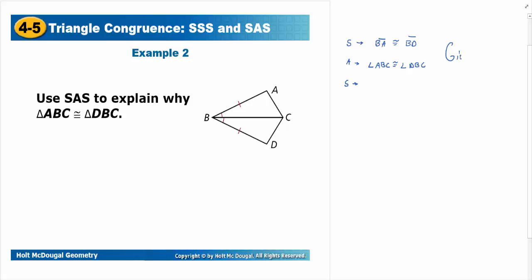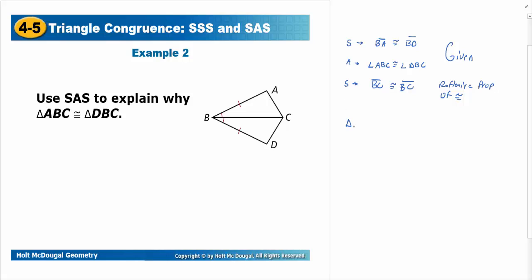If I was doing a proof, we'll have a proof at the end so you'll see, those would be given. Now I do need to find one more set of sides, and here we're using the reflexive property: BC is congruent to BC, by the reflexive property of congruence. So with all these things, I have side, angle, side.